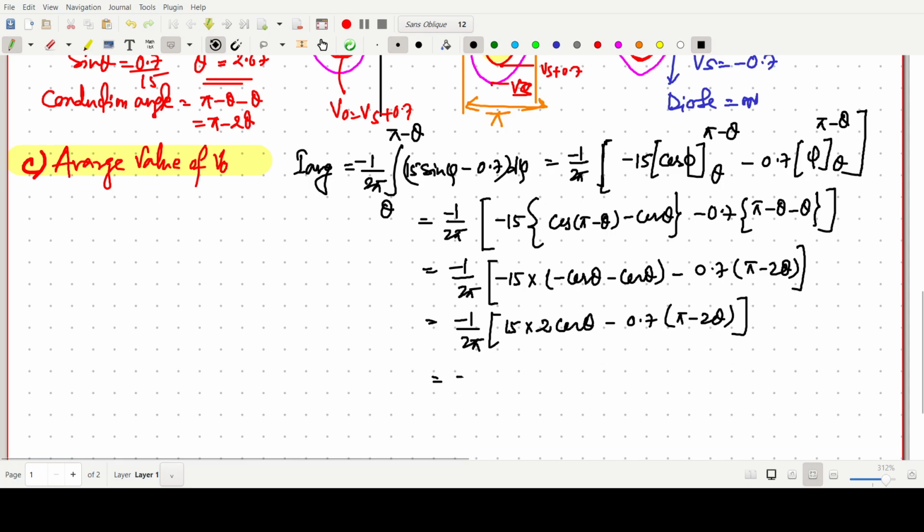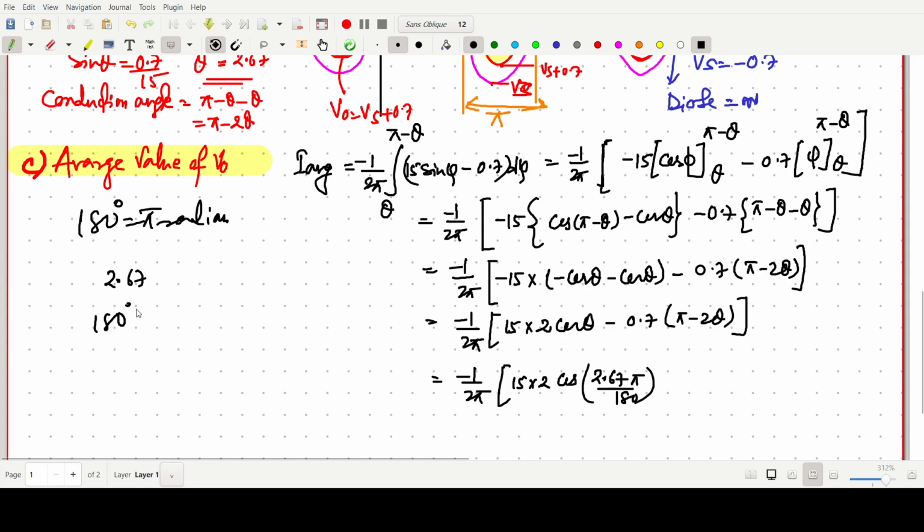Now we have to think about this in radians, because theta is in degrees. 180 degrees equals pi radian, so it is better to convert it into radians. So for cos theta, theta is 2.67 degrees.